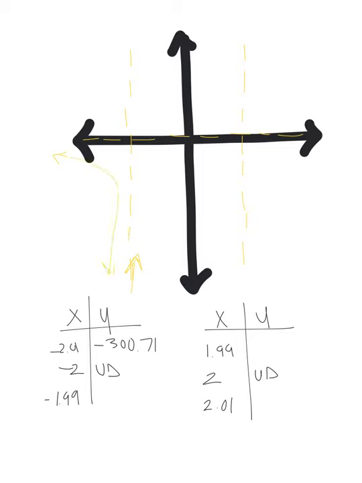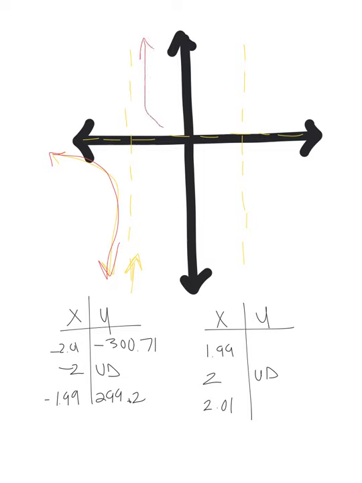And if I do the opposite side, if I approach it from the right, so coming in at -1.99, I get 299 point something, which tells me, and I should have used a different color here, I'm really sorry, that this is going to positive infinity.